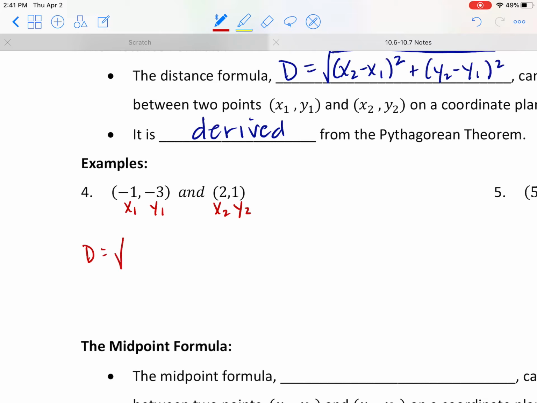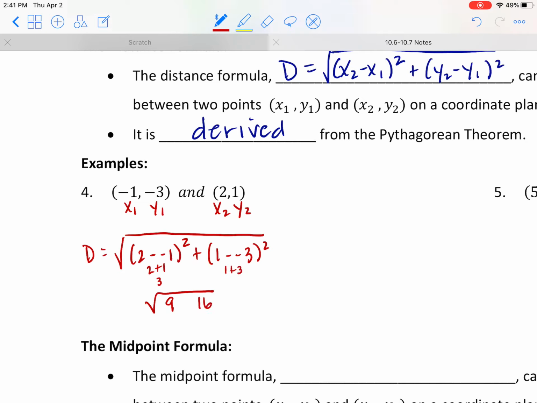This is our first coordinate, so we're going to call this x1 and y1 because it's the first x and the first y. Second coordinate, so x2, y2. So according to the distance formula, we're going to be looking at the square root of x2 minus x1. That's 2 minus a negative 1 squared, plus y2 minus y1 will be 1 minus a negative 3, and that gets squared.